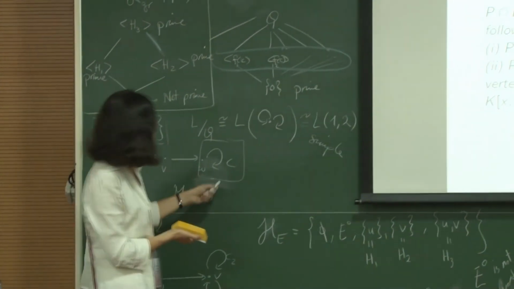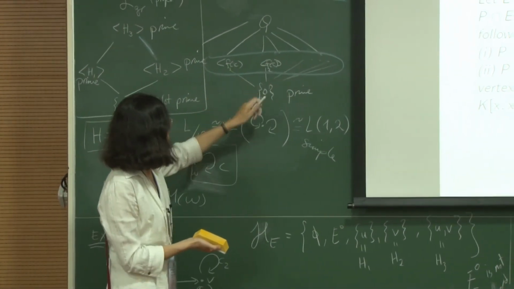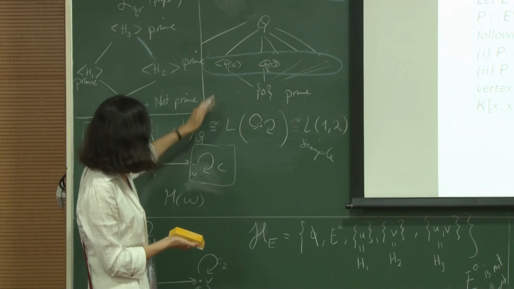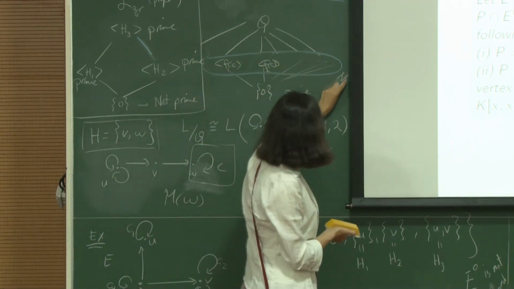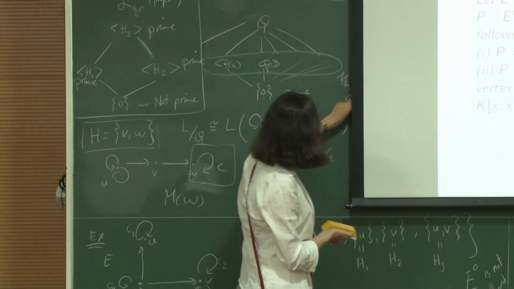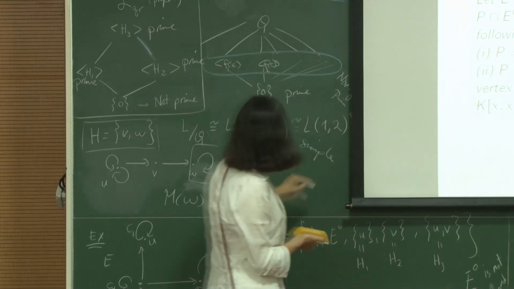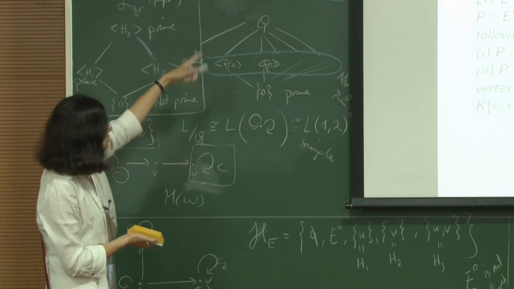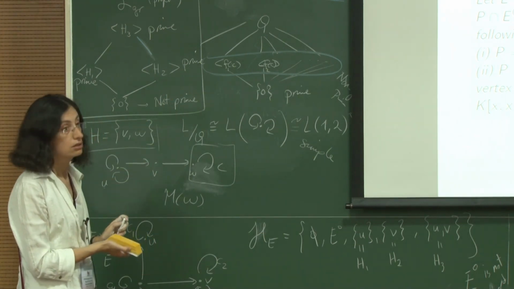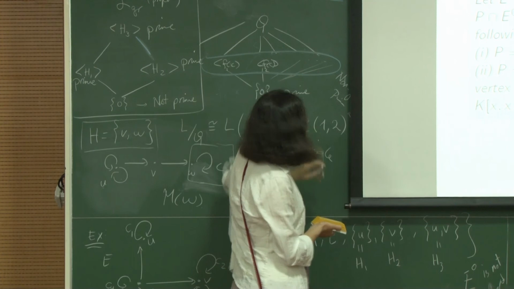So for every irreducible polynomial in K[x, x inverse], if you put it in, you're going to get non-graded prime ideals. So the prime spectrum would look like this. Okay?